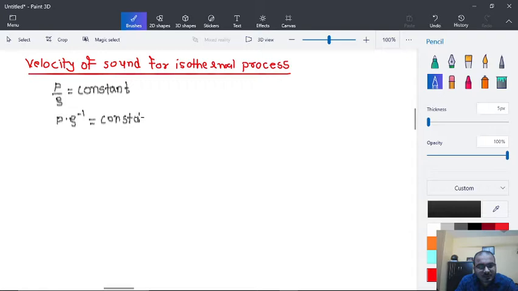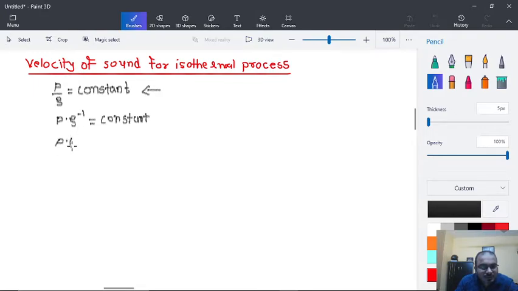I hope that everyone is well aware of how we have obtained this formula. So now we will be differentiating this equation with P and rho. So let's differentiate first with respect to rho. So we will keep P as a constant here.